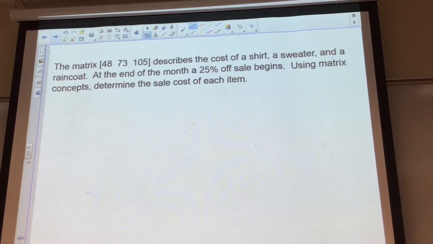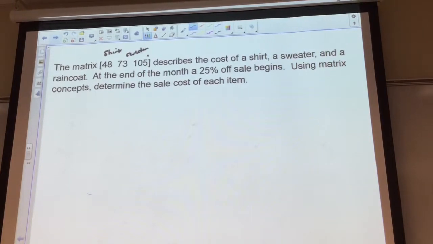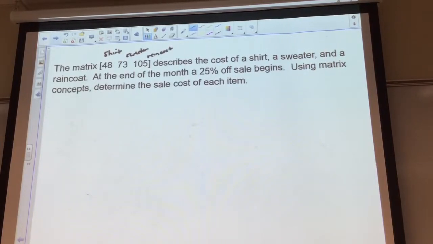But this is not really an equation because this is talking about a shirt, a sweater, and a raincoat. Would you just enter in the matrix and multiply the matrix by 25%? Okay, so suggestion number 1.